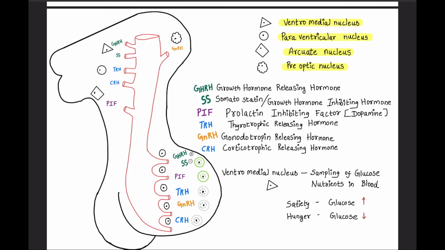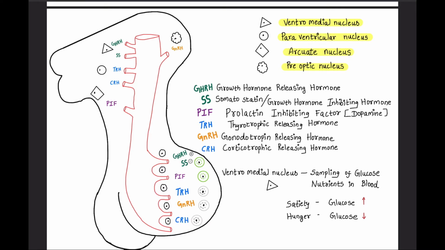So know that in the ventromedial nucleus you have growth hormone releasing hormone and growth hormone inhibiting hormone, and in the arcuate nucleus you have only prolactin inhibiting factor, also known as prolactin inhibiting hormone. Basically this prolactin inhibiting factor is dopamine. You may have heard this word dopamine.